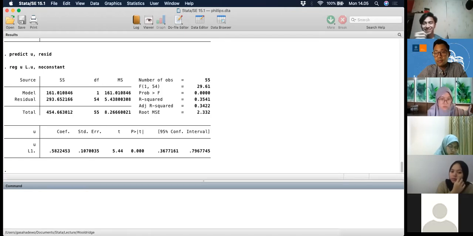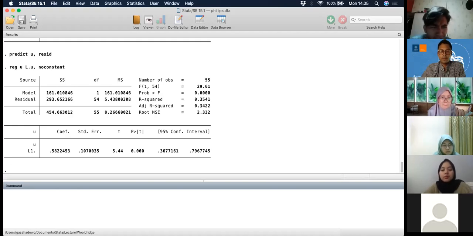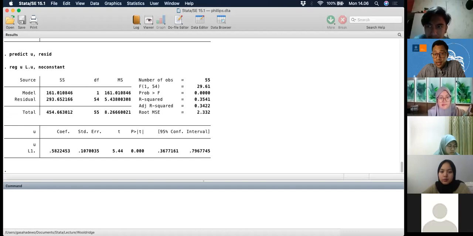Any thoughts? Can you conclude that there is no serial correlation, or the evidence actually tells you that there is serial correlation?